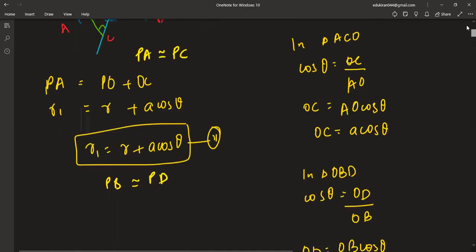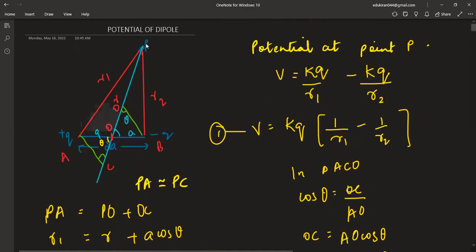Now, similar to this, if PA and PC could be equal, can't we have PB and PD equal? Again, they are separated by a perpendicular. They are almost equal, not exactly equal, that we know. This is a little longer, but almost equal. PD and PB are almost equal. So how can I write PB?